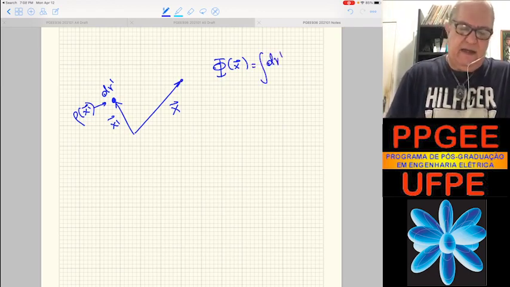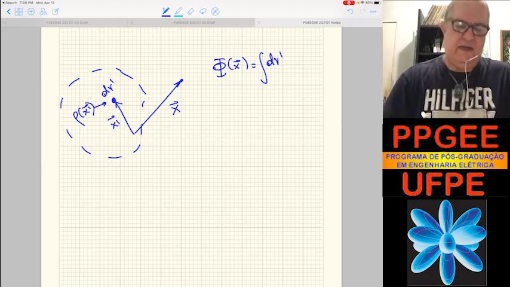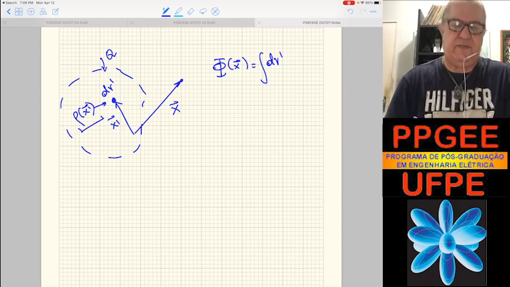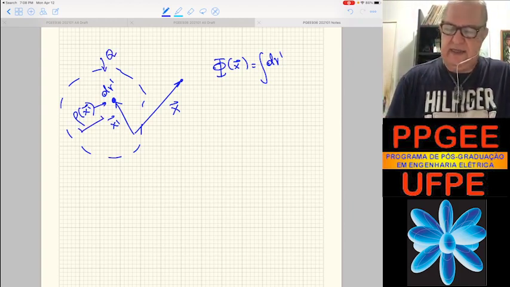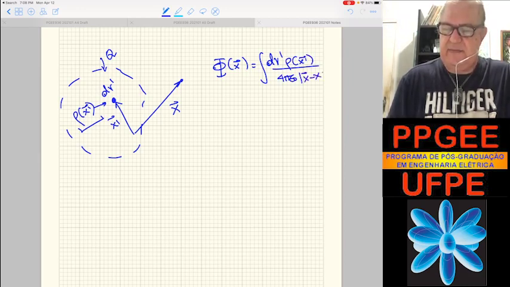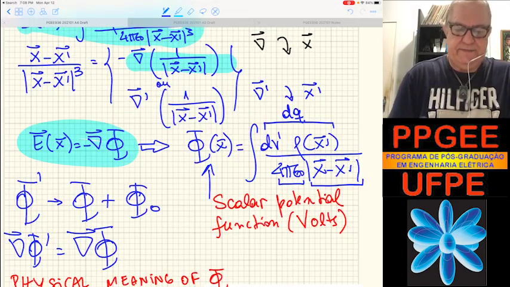This occupies a volume. Let's say that the total charge is Q, but the charge is distributed with a density rho. So this goes like this: rho of x prime divided by 4 pi epsilon 0 magnitude of x minus x prime. So we showed that.